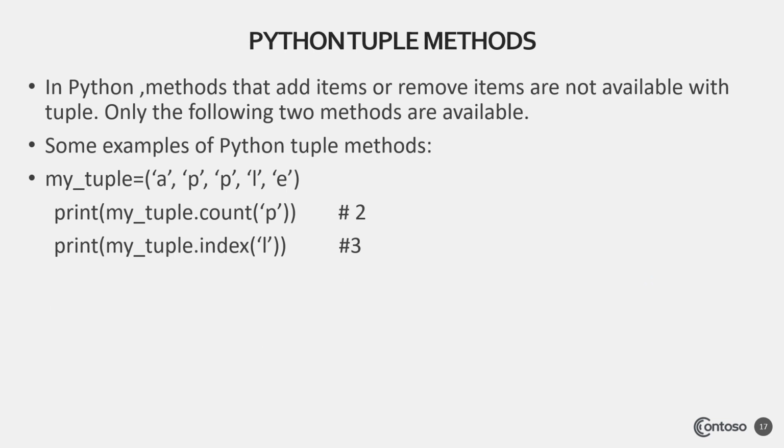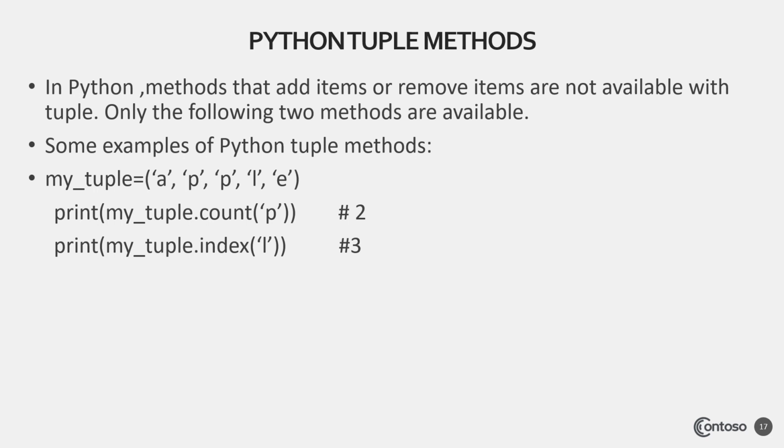Since we cannot add items or remove items from a tuple, there are only two tuple methods available, and they are the count method and the index method. It is explained in the following example.